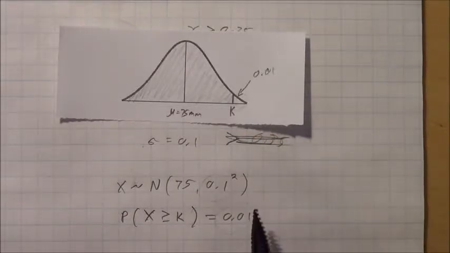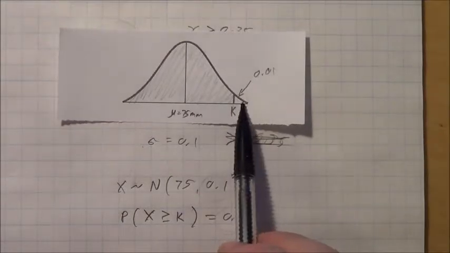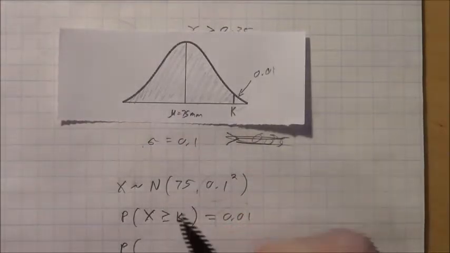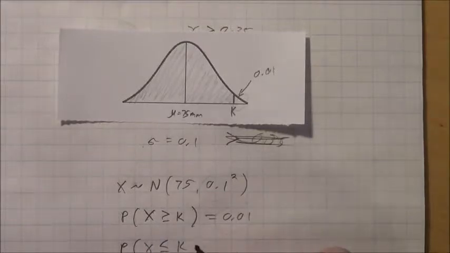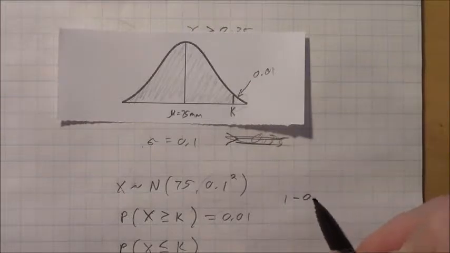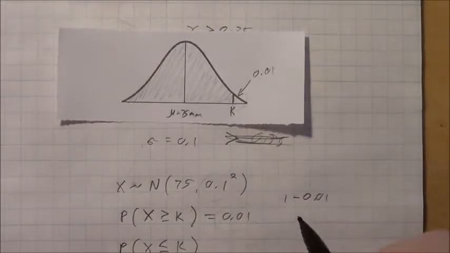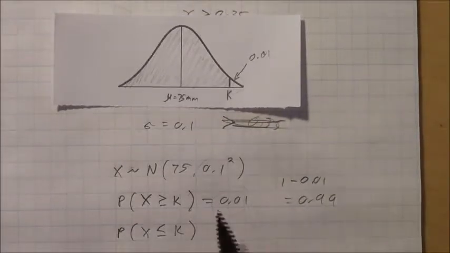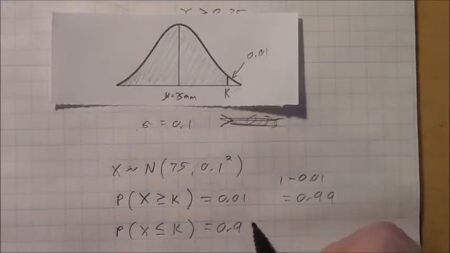But because we can't find to the right of this k value, we have to find what's to the left of it. We need to find x less than or equal to k. And then by subtracting, we do 1 minus 0.01, of course, and that's going to give us 0.99. So we're doing less than k, which is 0.99.